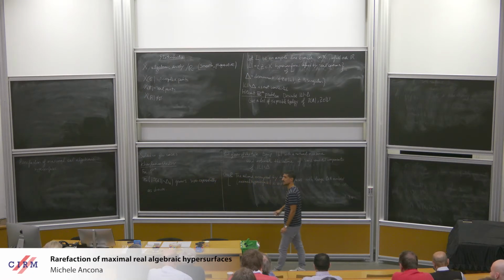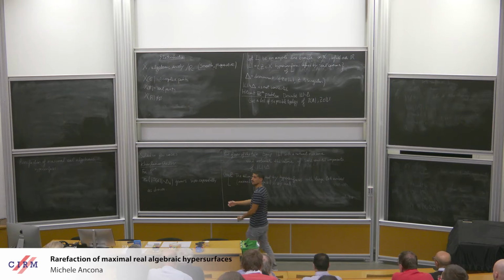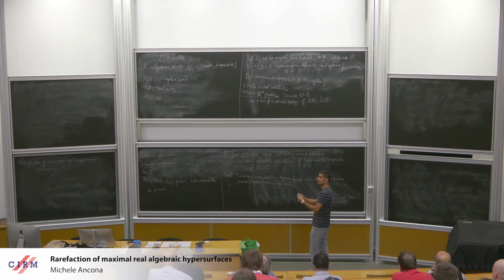This volume will decrease exponentially with the degree. Even if, for example, the number of maximal curves, the number of connected components, grows exponentially in the degree, there are many chambers, but the volume occupied by these chambers is actually very small.